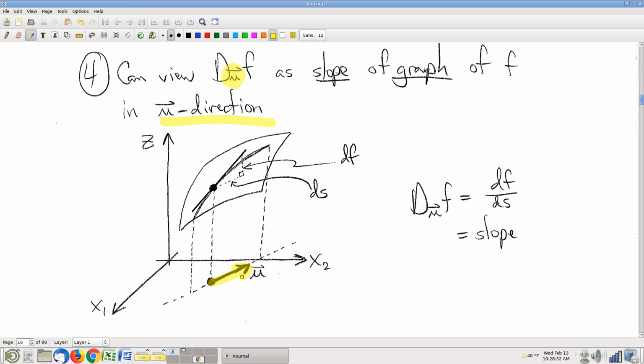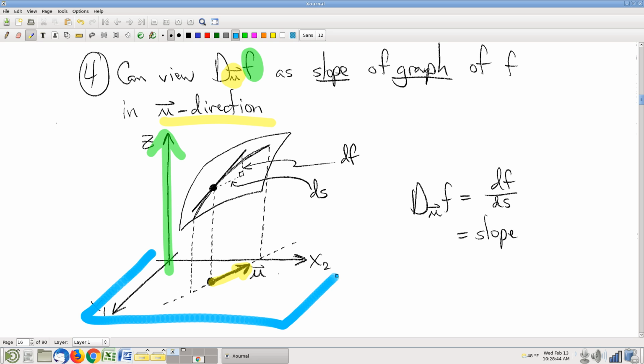Here we have a real valued function of two variables. You want to know how f changes as a function of distance traveled in the domain. There's our domain, the x1, x2 plane. As I'm moving in this direction, the slope of the graph is pretty clearly the rise, df, over the run.